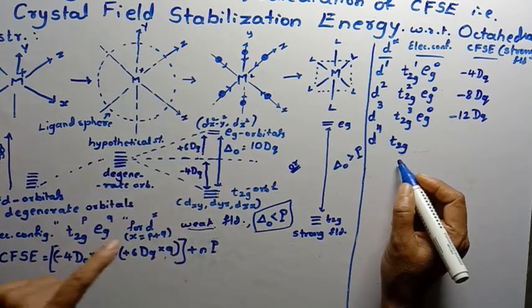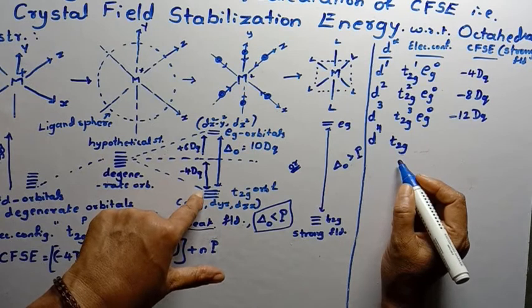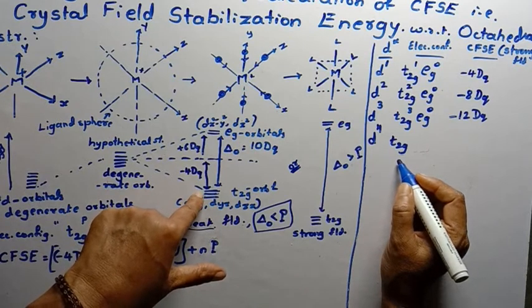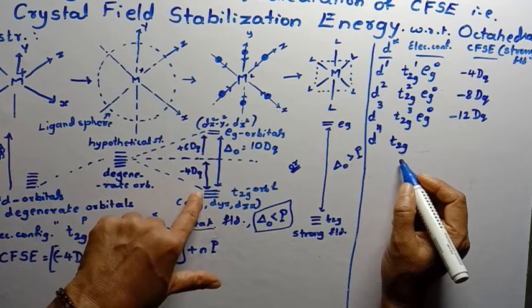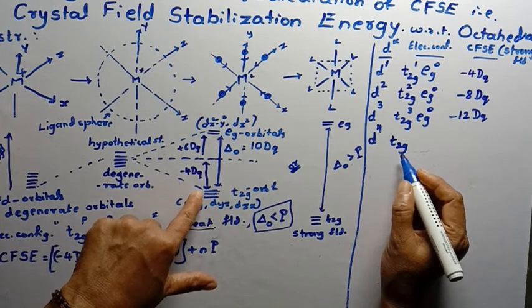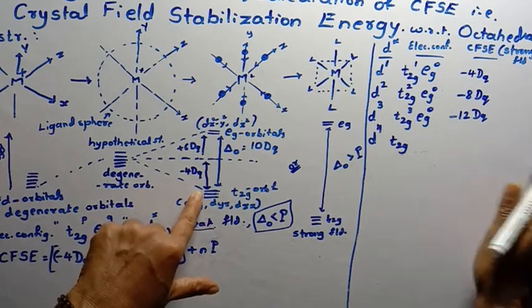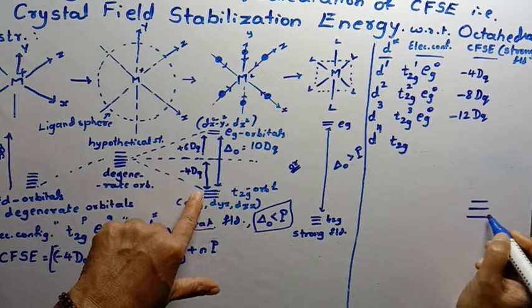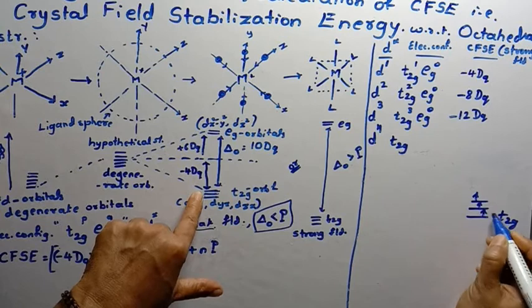The Aufbau principle states that the electron always prefers to enter the lower energy level, and Hund's rule states that pairing takes place only after all the available orbitals are singly occupied. Here all 3 orbitals are singly occupied, as I just showed you: d1, d2 and d3.